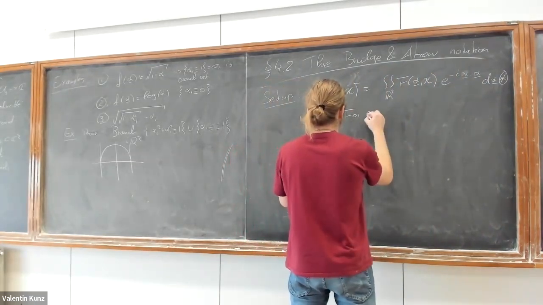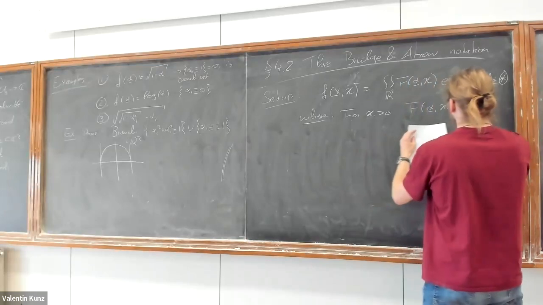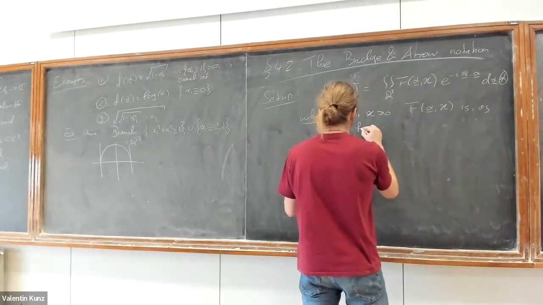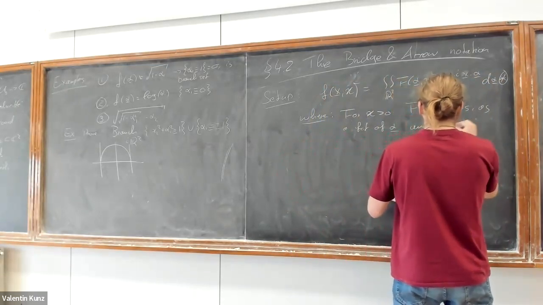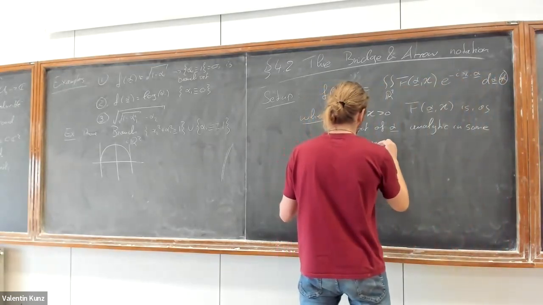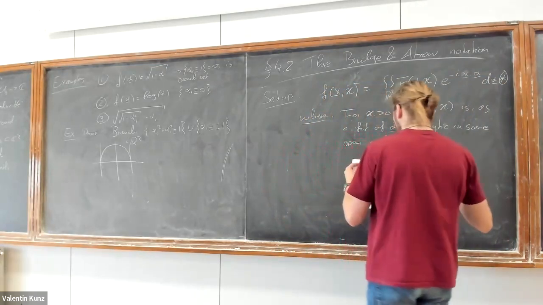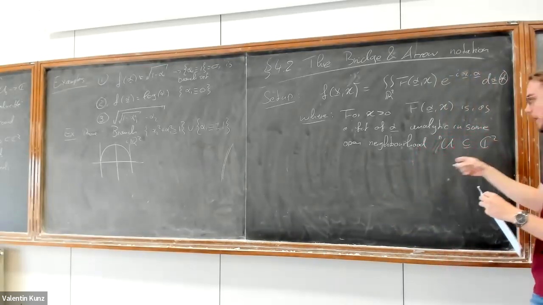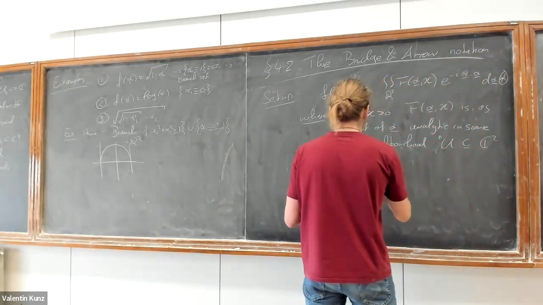We have the formula for kappa greater than 0, f alpha kappa as a function of alpha, and then it is analytic in some open neighborhood U, open in C squared, of the Fourier plane.